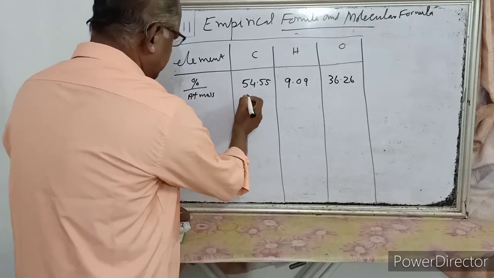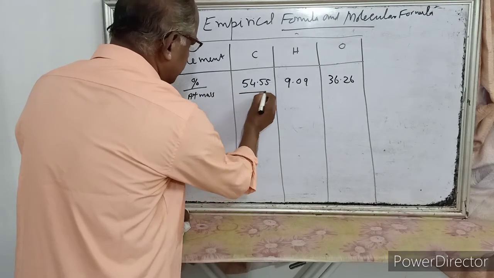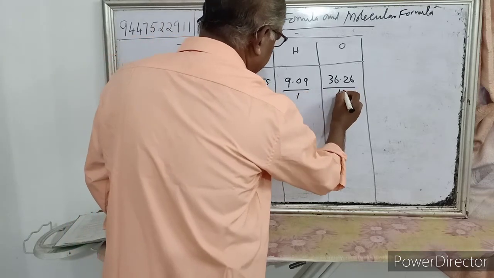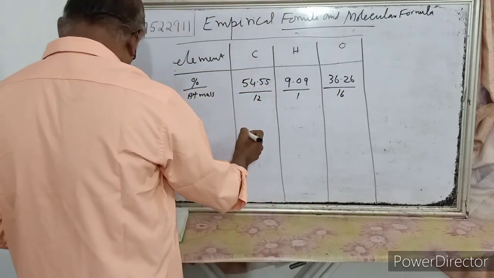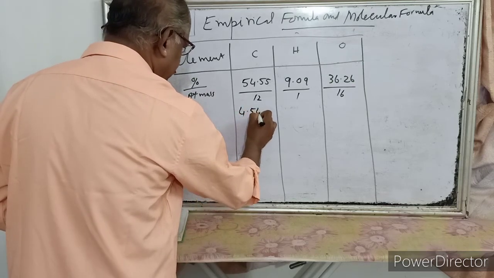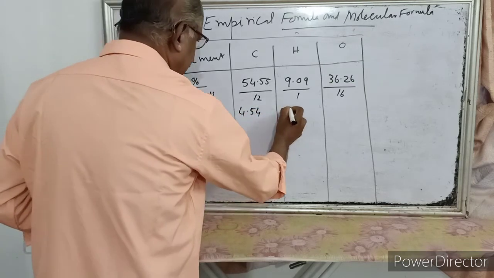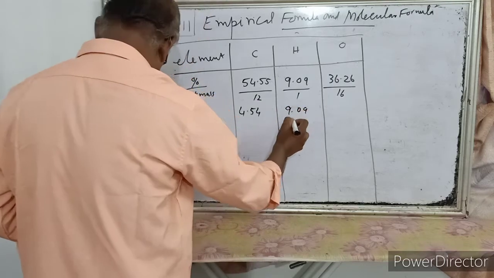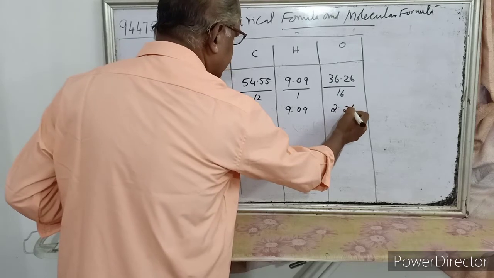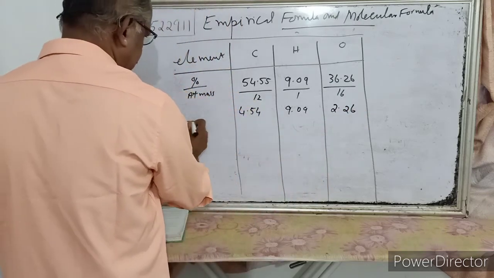Percentage by atomic mass means this divided by 12, then this divided by 1, this divided by 16. So you get 4.54, then 9.09 and 2.26.